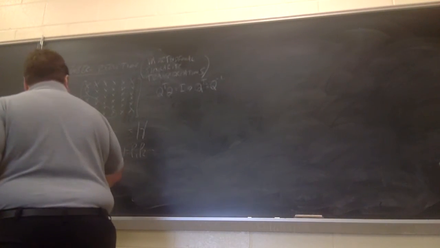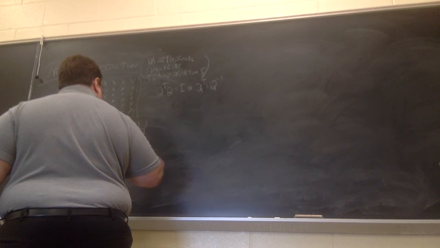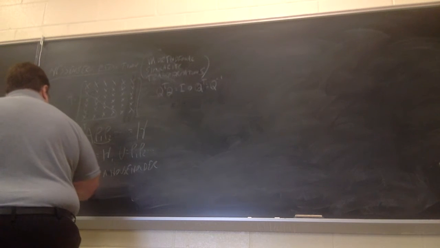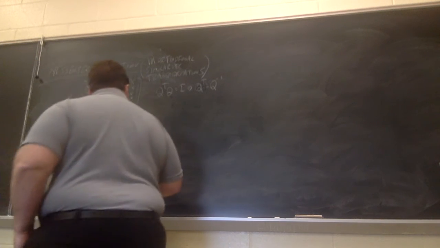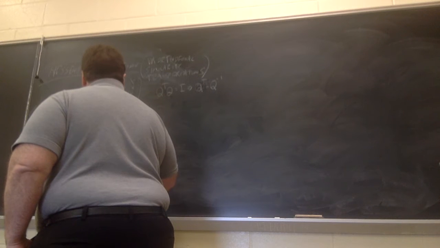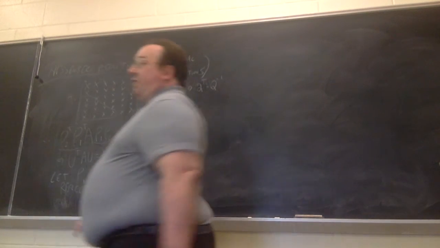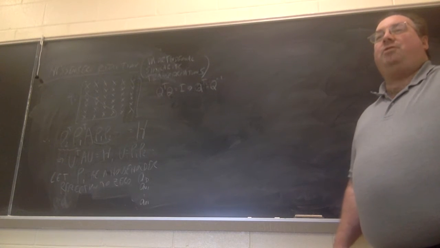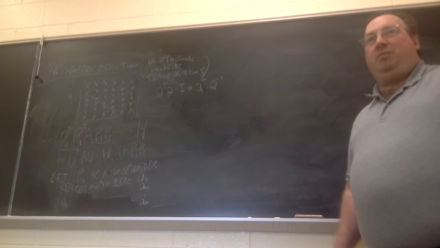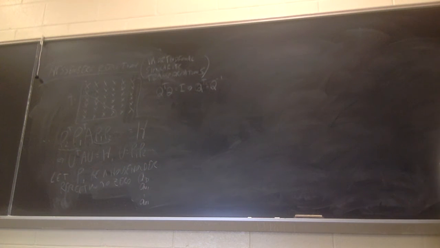So let P1 be a Householder reflection that's designed to zero out A31, A41, etc., down to AN1. So the entire column except for the first two entries. That's in contrast to QR. In QR, we wanted to wipe out all of the column except the first entry, so from the second one on down. But now we're starting one lower. And I'll explain why we do that in just a little bit.